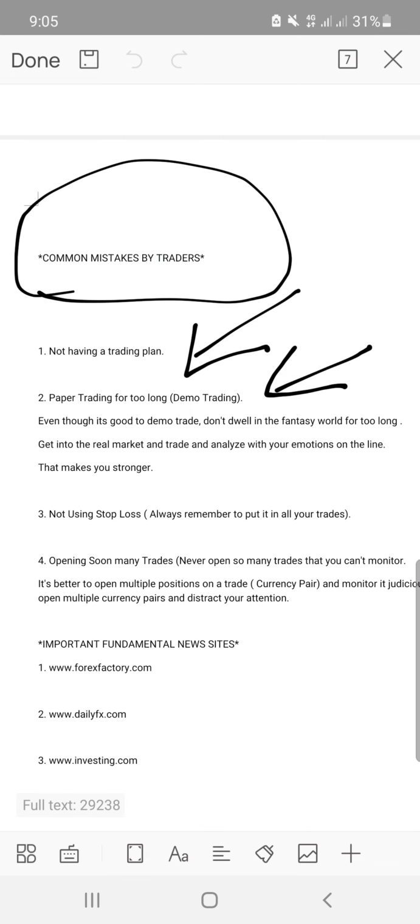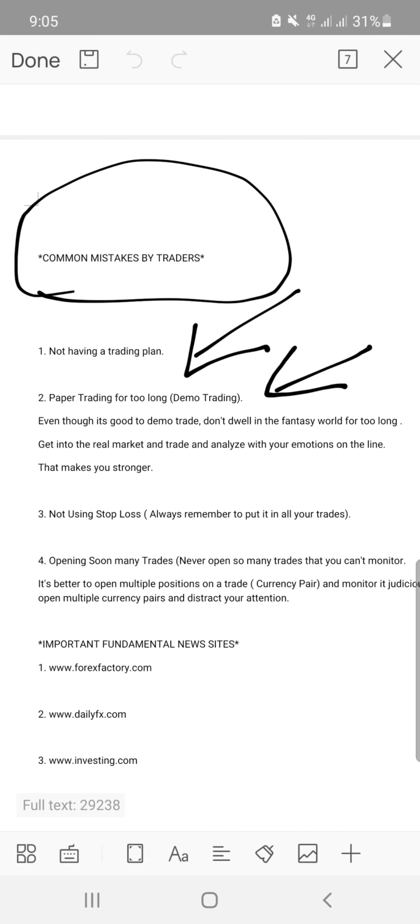Paper trading. Paper trading means when you are trading with a demo account. It is good to trade with a demo account when you're in the learning phase, but the moment you are done learning, you should let go of the demo account and try out the real thing with a real account. No matter how good you are at trading demo, it cannot be compared with trading a real-life account. You understand?